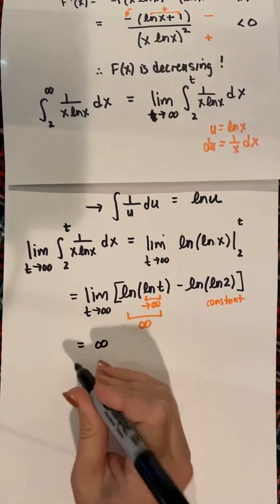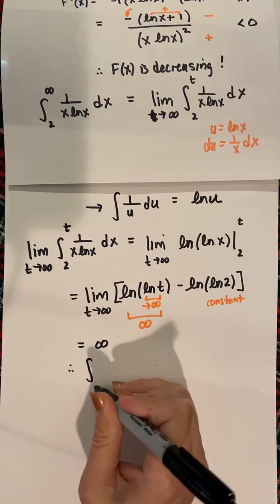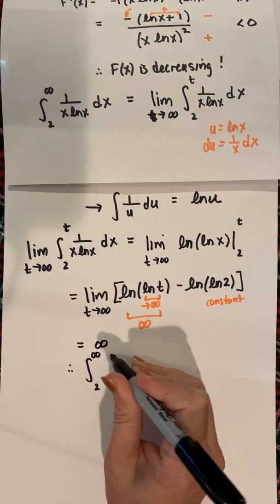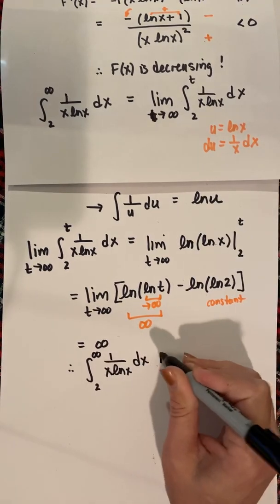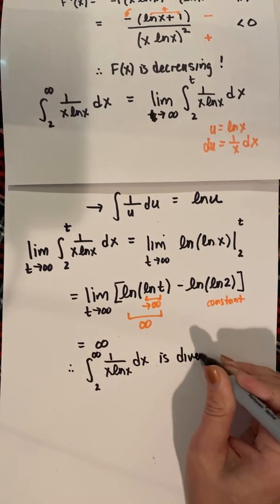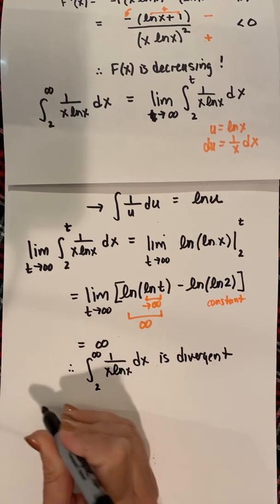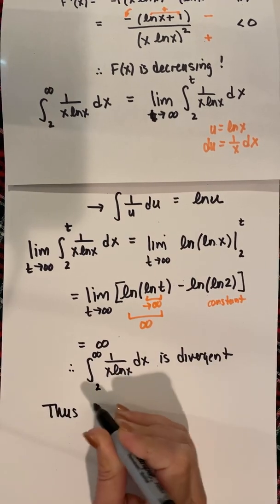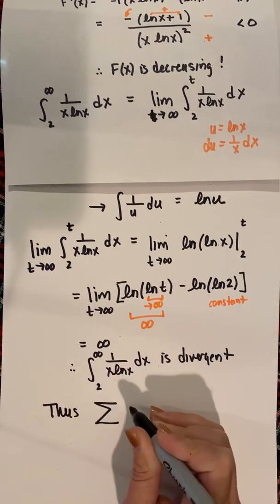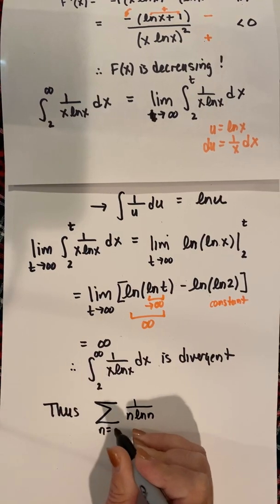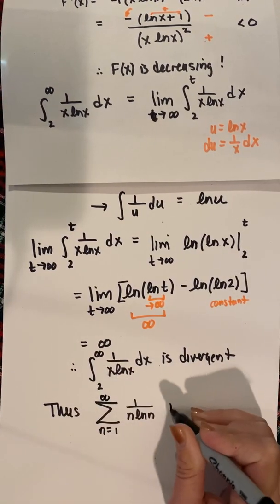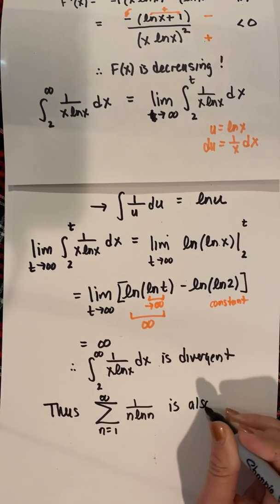Therefore, this integral from 2 to infinity of 1 over x natural log of x dx is divergent. Thus, the corresponding series, the sum from n equals 2 to infinity of 1 over n natural log of n, is also divergent.